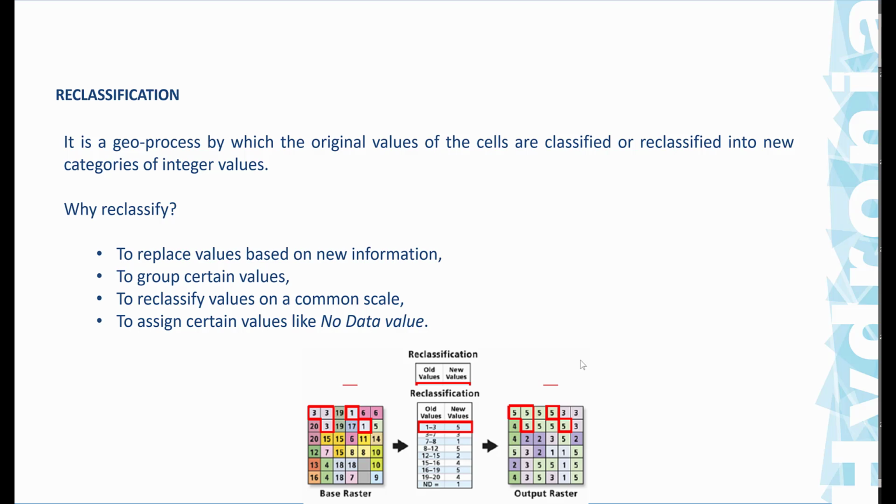Sometimes this is used to replace values with new information, to create groups with similar values, to reclassify values on a common scale, or to assign certain values as no data values, as I mentioned before. So there are many potential applications of this reclassification in the Hydro-BID Flood system.